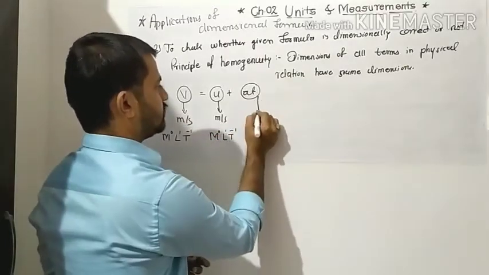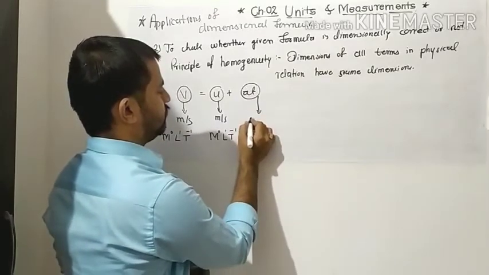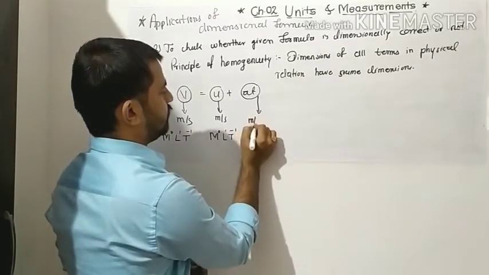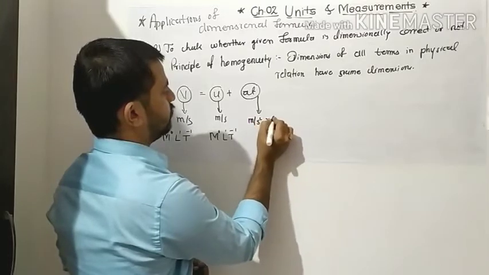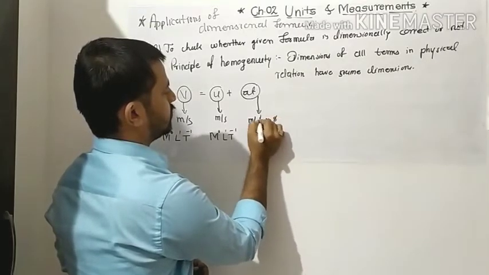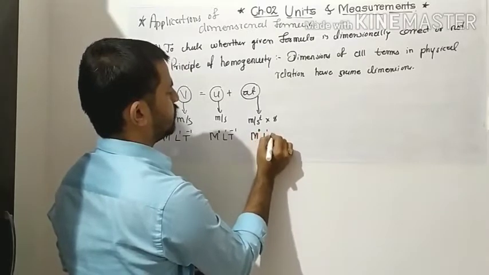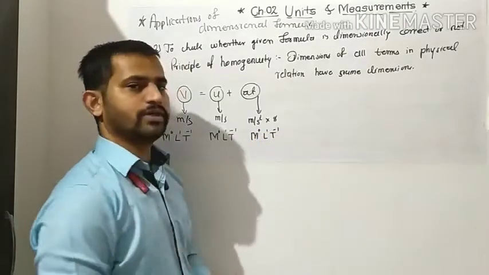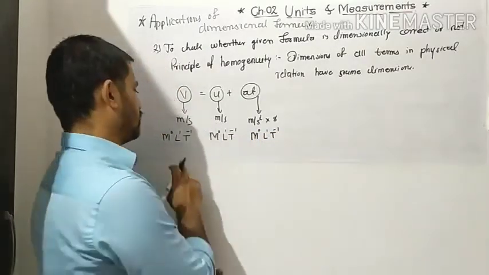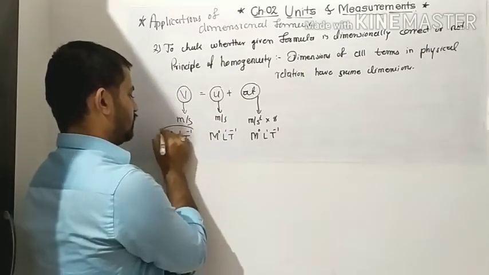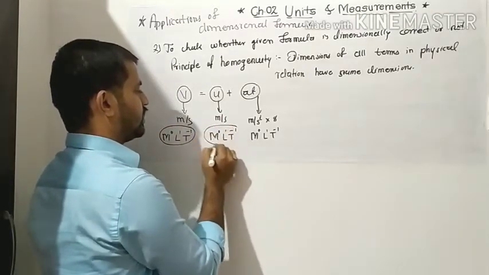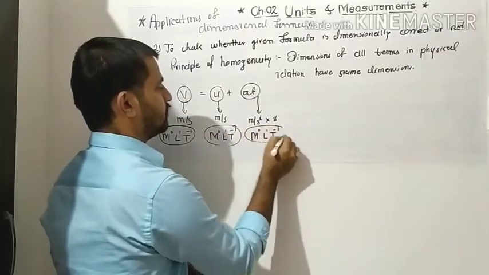And acceleration into time is meter per second square into second. So second will get cancelled, and the dimensional formula will be M raised to 0, L raised to 1, T raised to minus 1.